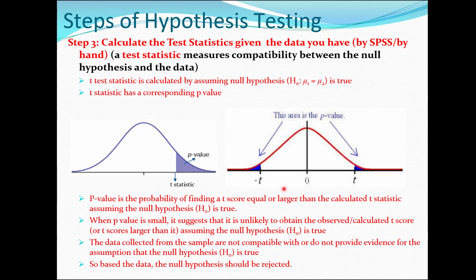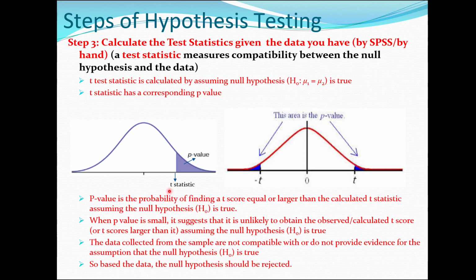As you can see in this graph, I have two areas, one on this side, one on the other side. So these two areas together represent my p-value, and this is why we also call a non-directional hypothesis a two-sided hypothesis.